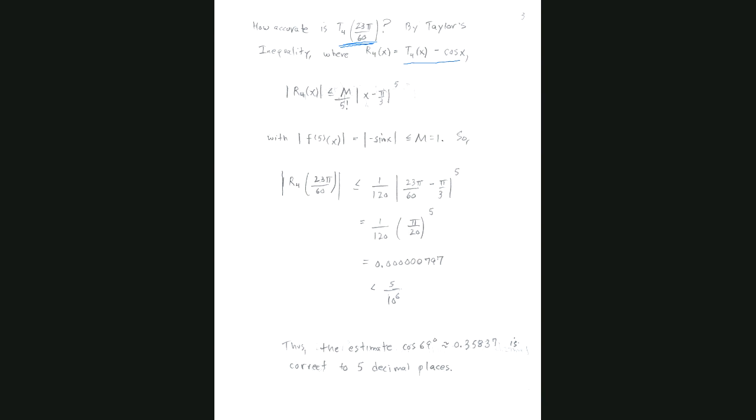The error bound is going to be M over 5 factorial, since we had a fourth degree polynomial, we use 5 factorial, times the absolute value of x minus pi over 3 to the 5th power. So what we have to find out is what M is, and we have to put in a value for x minus pi over 3.